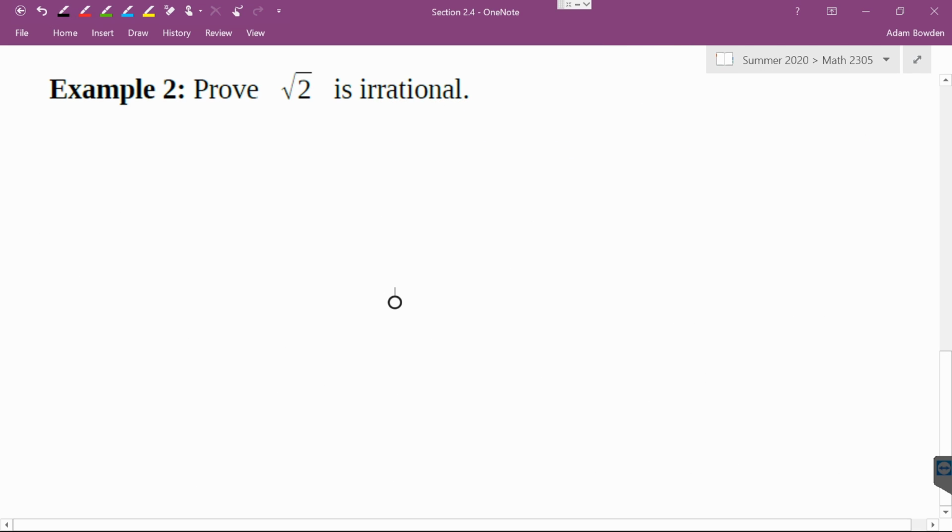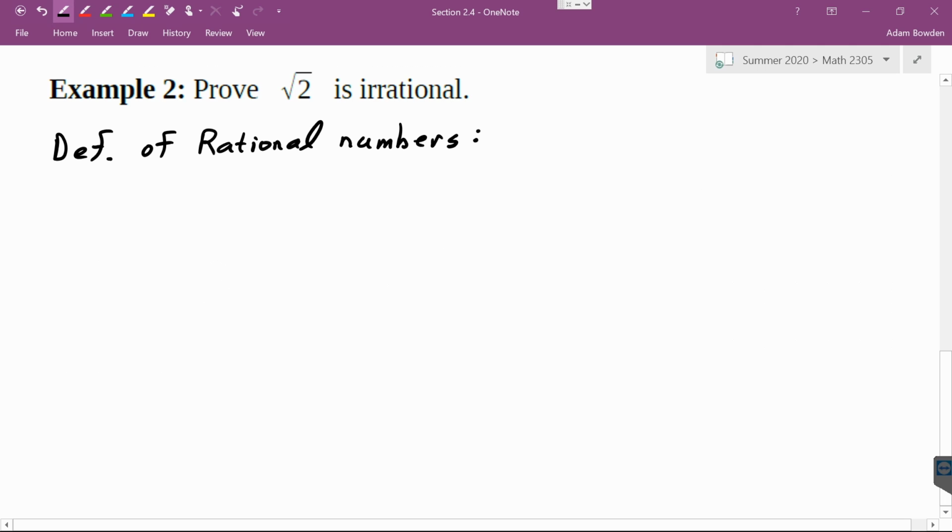Now here's an interesting statement. It says, prove that the square root of 2 is irrational. This is something that we can't take for granted, based on the definition of rational numbers.